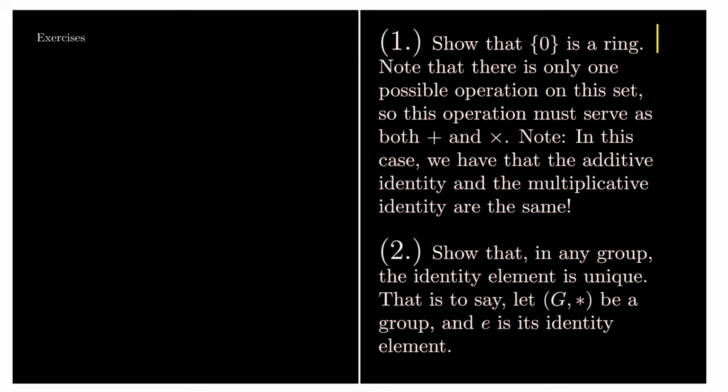And that is in fact part of what you should show, that there is just one thing any operation could be. Therefore, when we talk about the plus operation and the times operation, there's only one thing I could possibly mean for both of those, and it'll be the same thing.